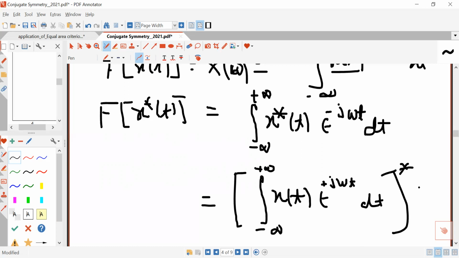You can replace this integration with this term, because when you take the conjugate of e to the power j omega t, it will be e to the power minus j omega t, and this x(t) will be x conjugate (t).